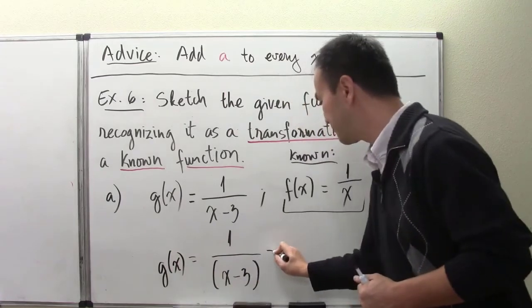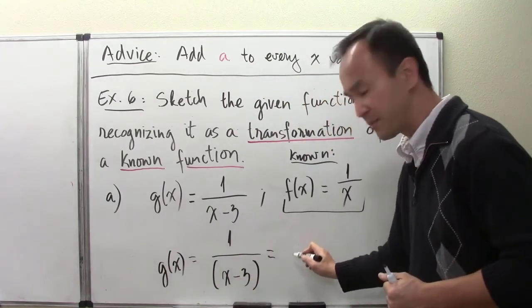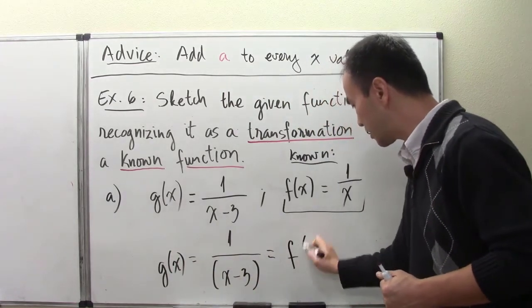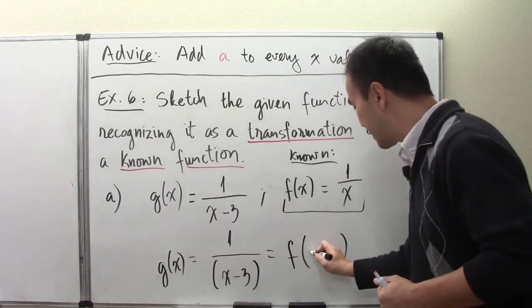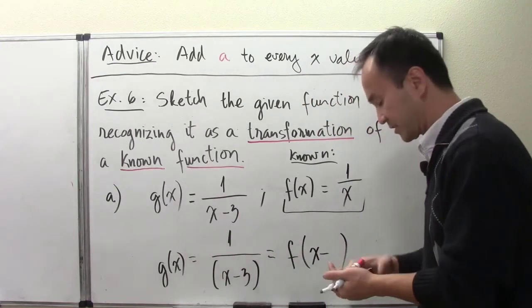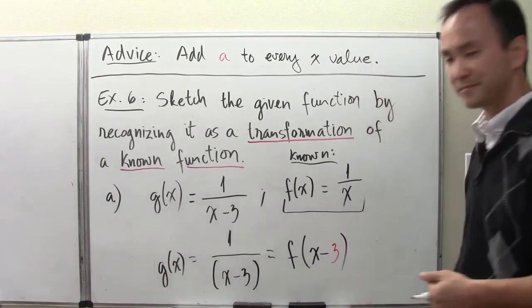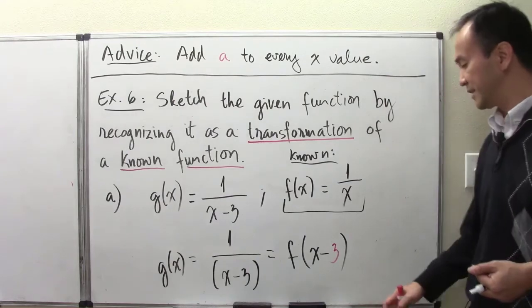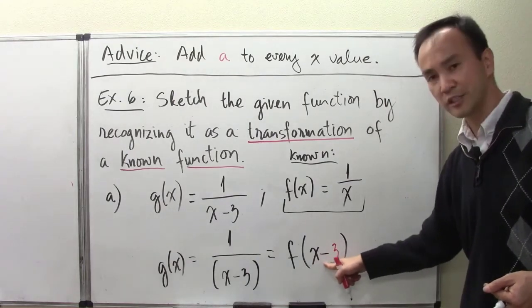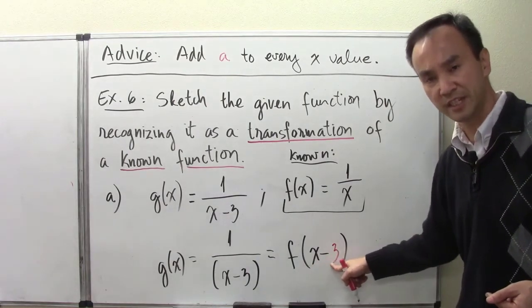So further I recognize, hey, wait a minute, this is really related to the parent function: g of x is f of x minus 3. So now we recognize clearly this will cause the horizontal shifting transformation.